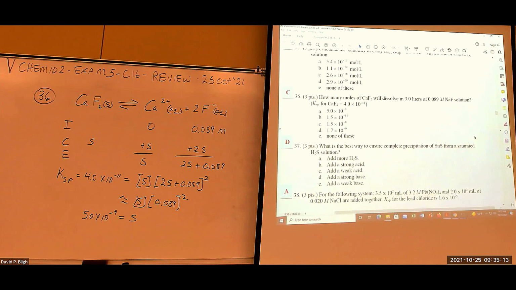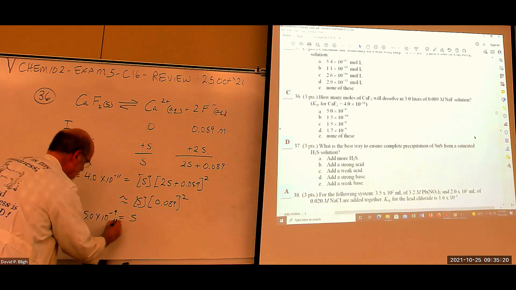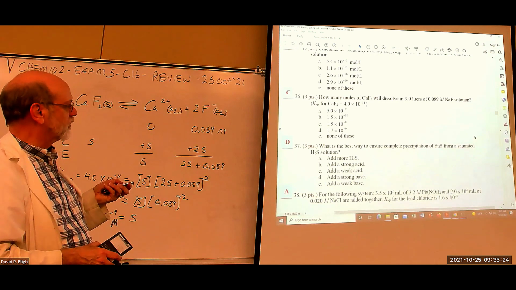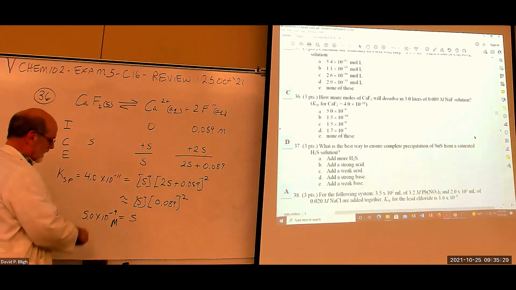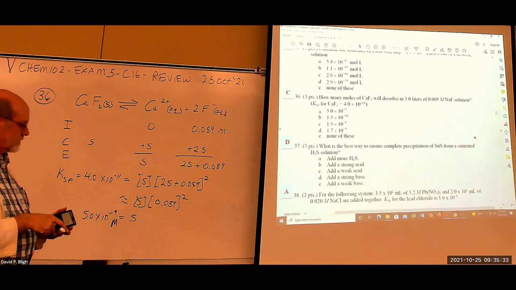Oh, that's the solubility. That doesn't answer the question, right? How many moles of calcium fluoride will dissolve? I didn't even read my own question. That's the molarity. So molarity times volume equals moles.